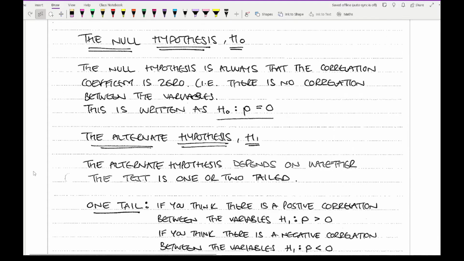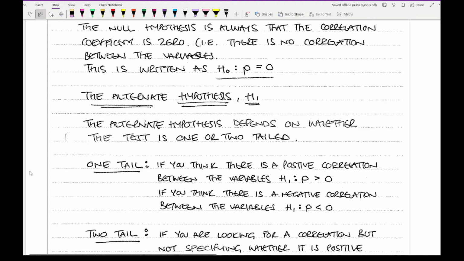Now the alternative hypothesis, H1, depends on whether the test is a one-tail or two-tail test. If it's a one-tail test and you think there is positive correlation between the two variables, then your alternative hypothesis will be H1: rho is greater than 0, because you're expecting some positive correlation.